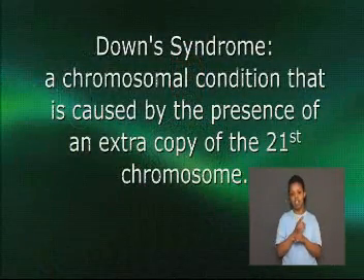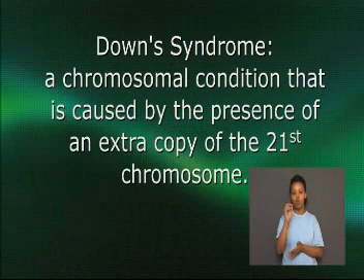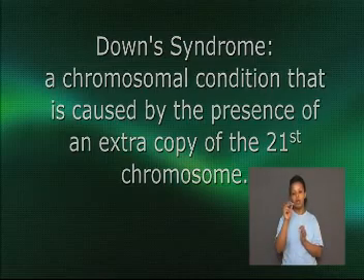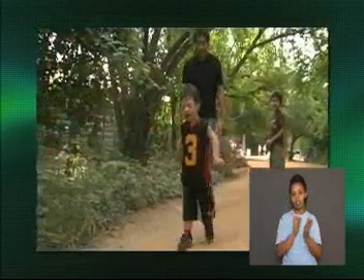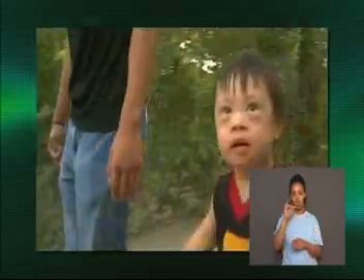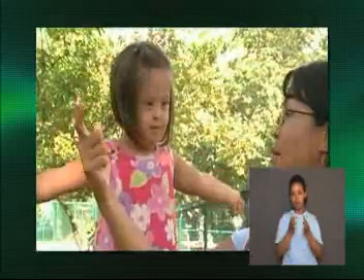When chromosome 21 does not separate successfully and it is present in full, or part of an extra 21st chromosome is present, the result is a condition known as Down syndrome. Down syndrome was named after a British physician named John Langdon Down, who identified the condition in 1866.